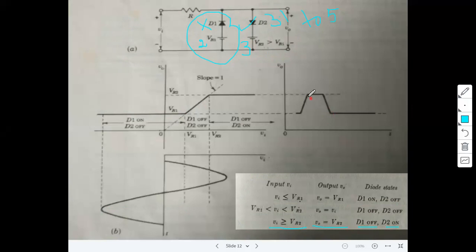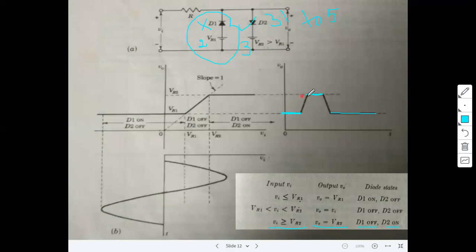So when input is from 3.1 to 5 volts, output is limited to only 3 volts. So this is called the two level clipper circuit. That means this circuit clipped the input signal at two independent levels. One level is at 2 volts and another level is at 3 volts.